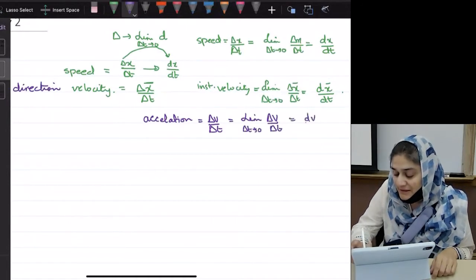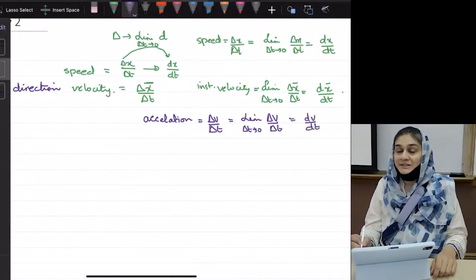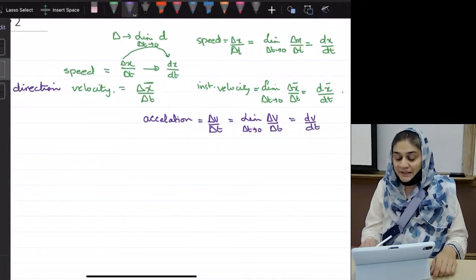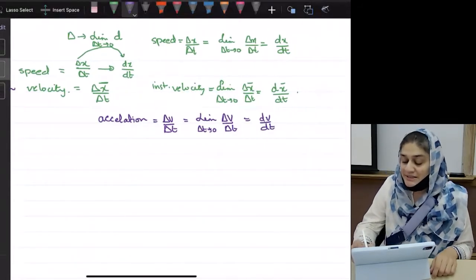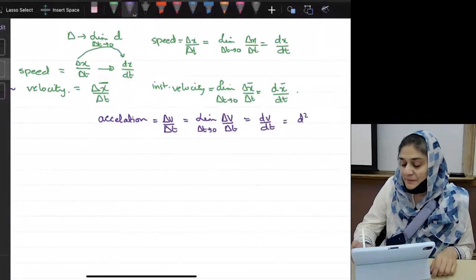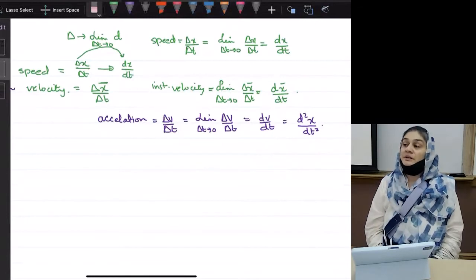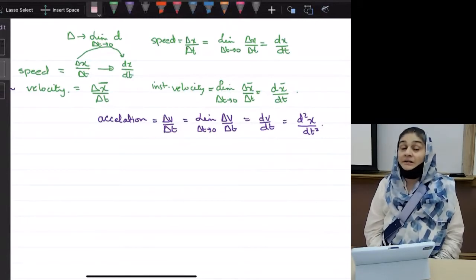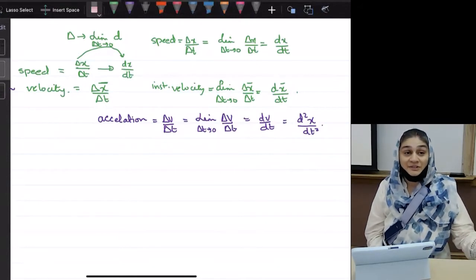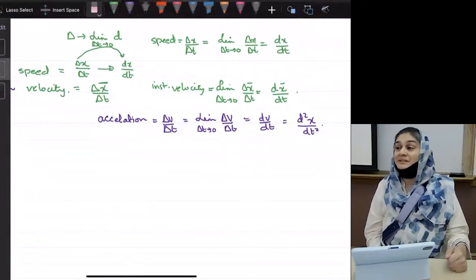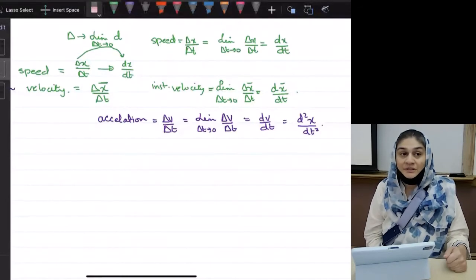And since we are now in Newtonian classical mechanics, instead of writing dv, we will write d squared x over dt squared. Small change is what is going to convert our physics 1 into Newtonian classical mechanics. This is what makes it a second order differential equation.